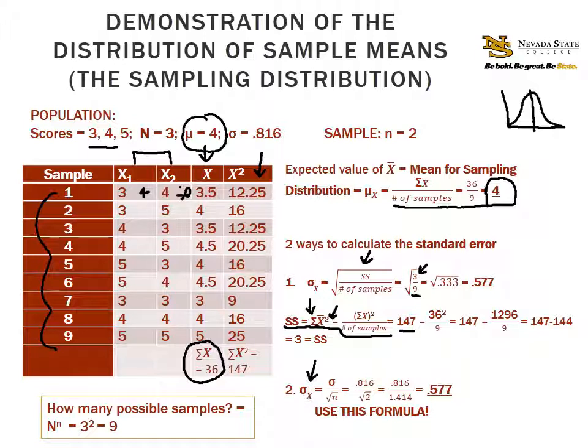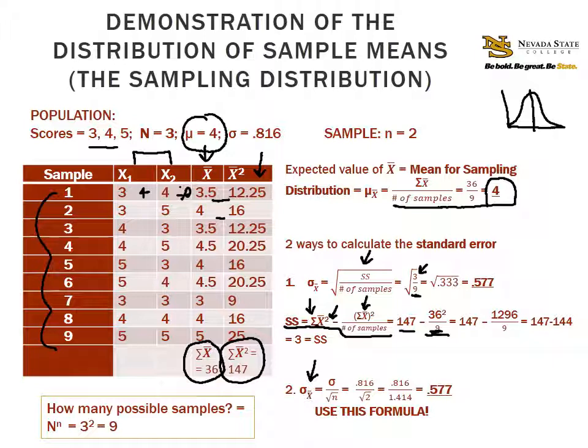So I would square each mean. You see 3.5 squared is 12.25, 4 squared is 16. Then you add all those squared means together to get that 147. And then this part, you just add all the means together first because it's in parentheses, so that comes first, 36. Then you square it. And then down here, we still have our number of samples, 9.